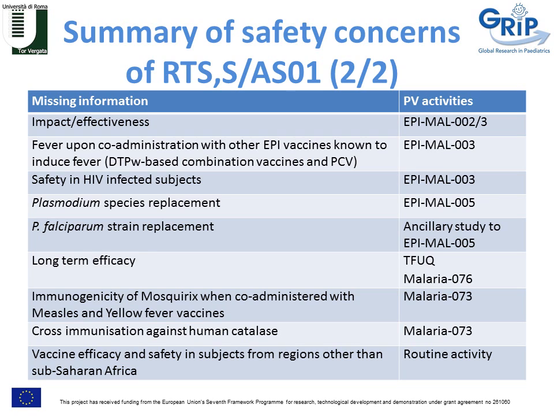The PV activities for the missing information will also be epidemiological studies and clinical trials.